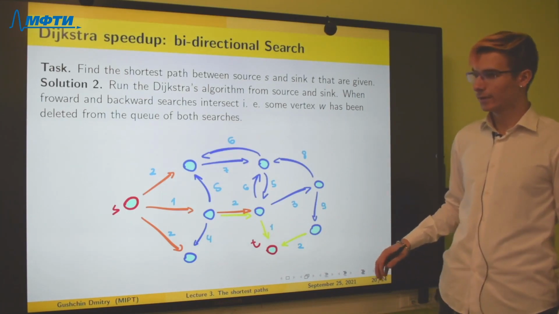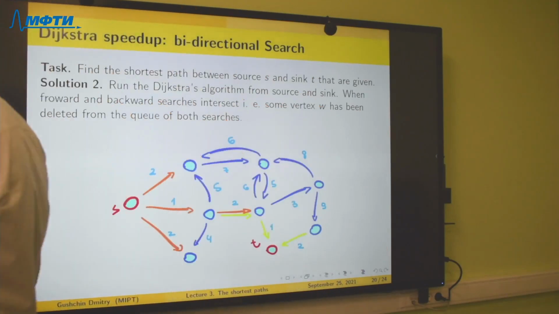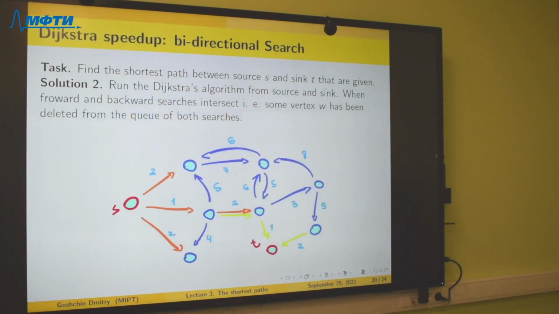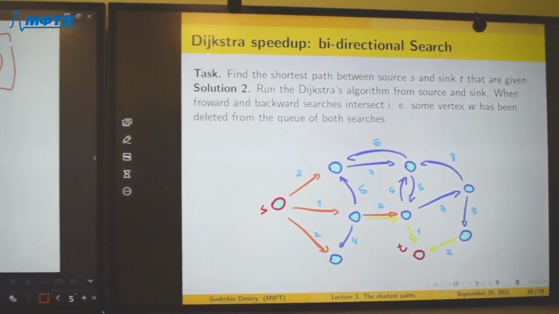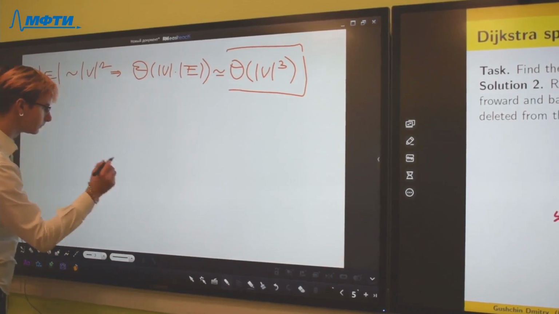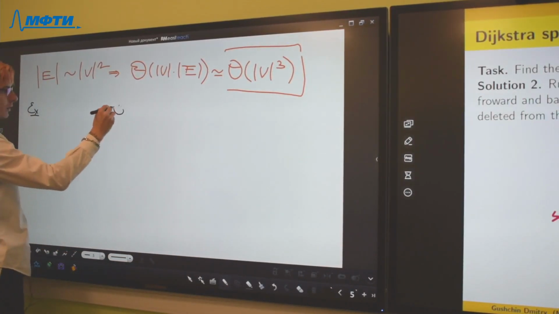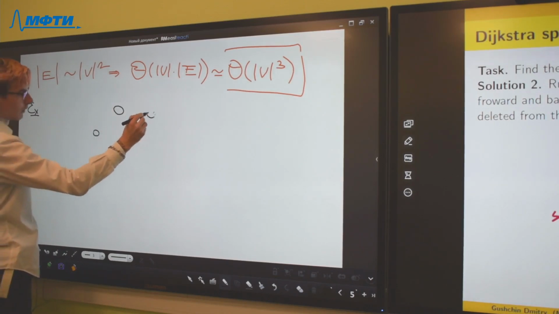Of course, there are some problems with it. Let's draw this example.